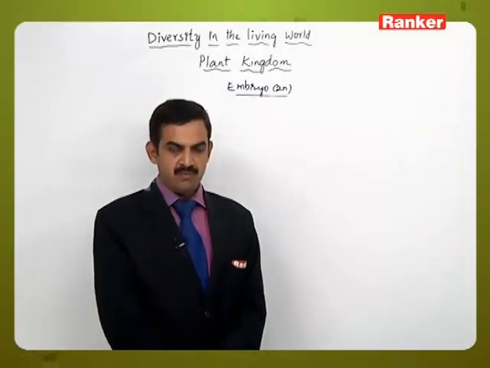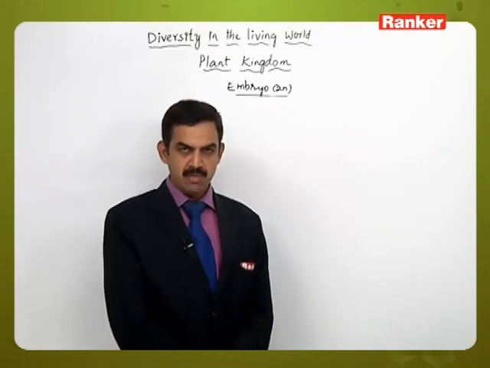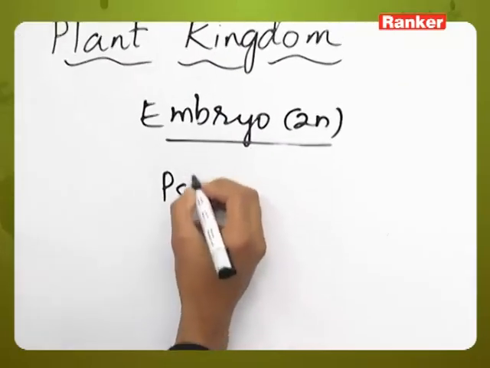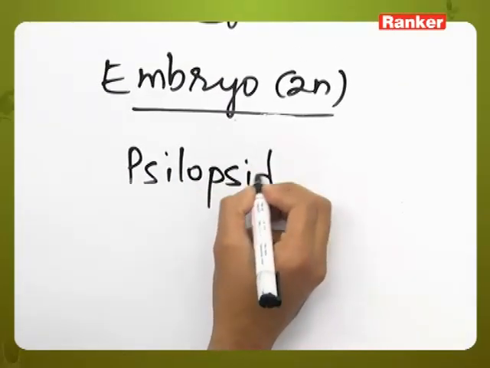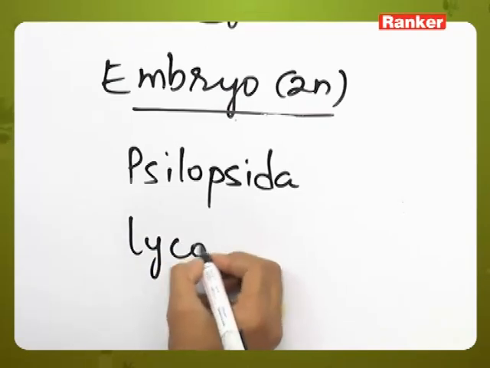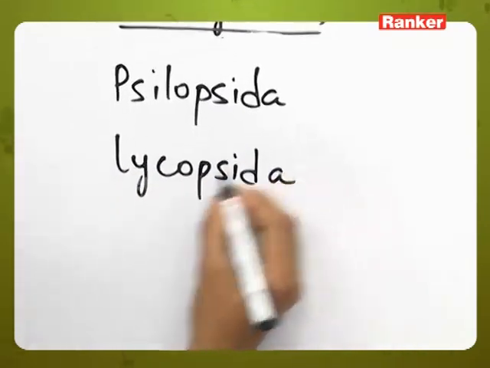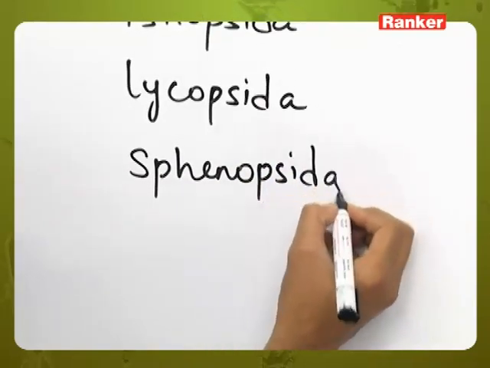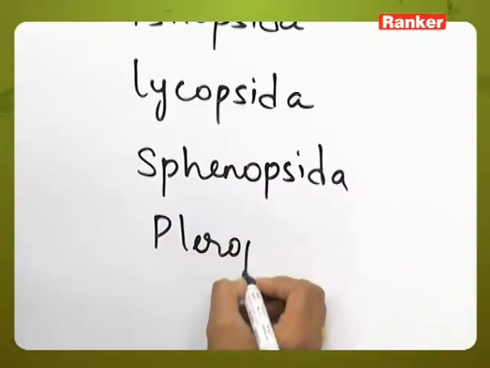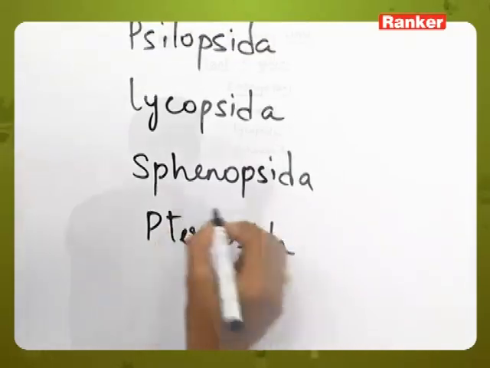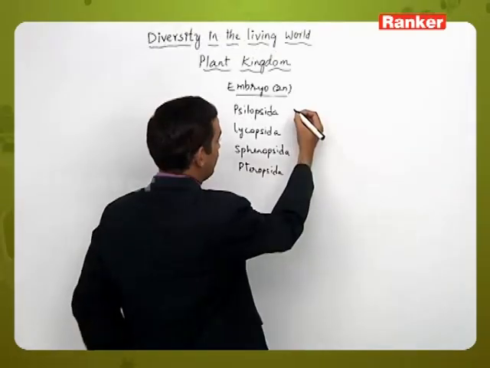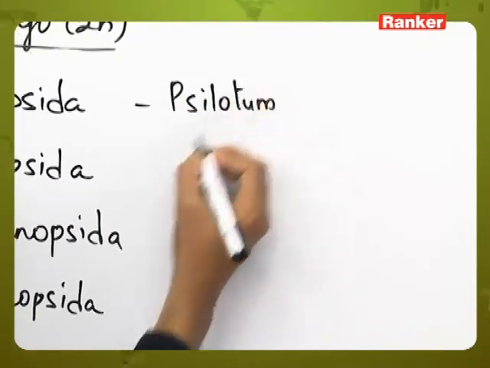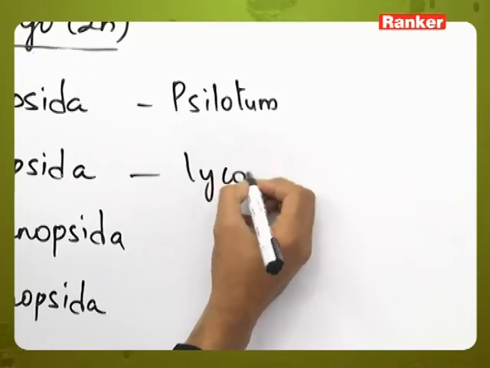In the Pteridophyta, the classification is also done. So further they have been classified into 4 classes, that is Psilopsida, Lycopsida, Sphenopsida and Pteropsida. Psilopsida includes examples like Psilotum. Lycopsida includes Lycopodium.